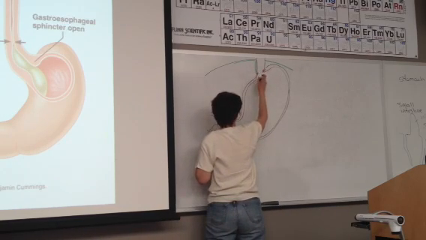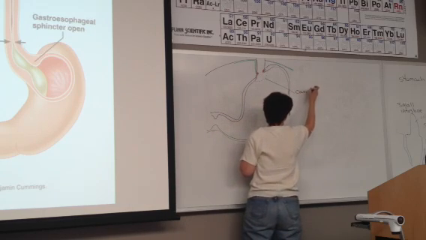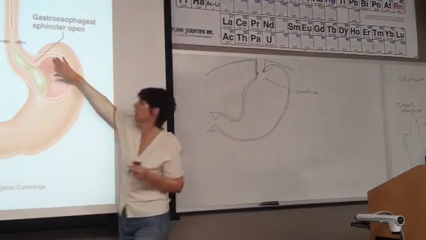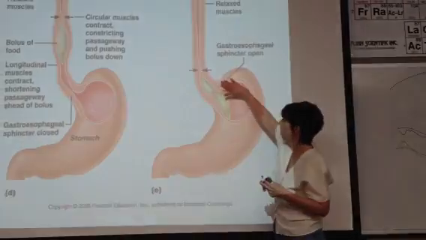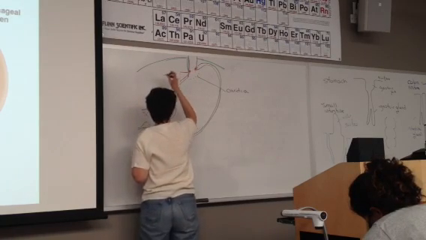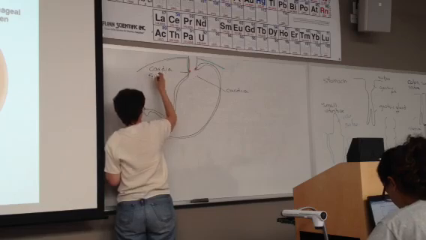And this region is known as the cardiac. So kind of this area right here around the stomach is known as the cardiac. And that gives rise to the most simple form of the name of this sphincter, which is the cardiac sphincter.